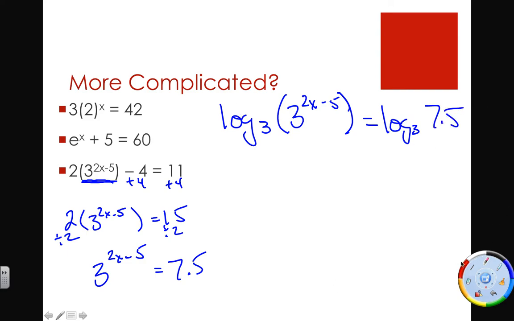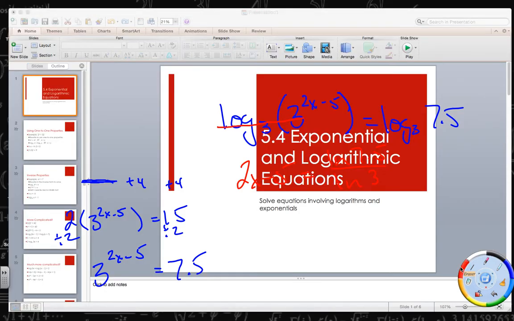Well, again, this is going to cancel this out, and I'm left with 2x minus 5 equals, well, I have to change this right-hand side to make it able to put on the calculator. So on the calculator it's going to be ln of 7.5 over ln of 3. And I'm going to leave that right now. I don't really want to change that to a decimal yet, only because I don't feel like writing that decimal a whole bunch of times.